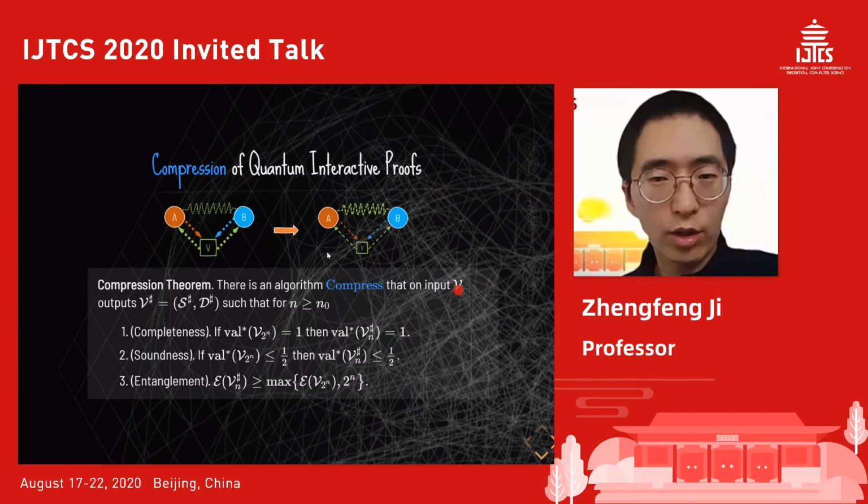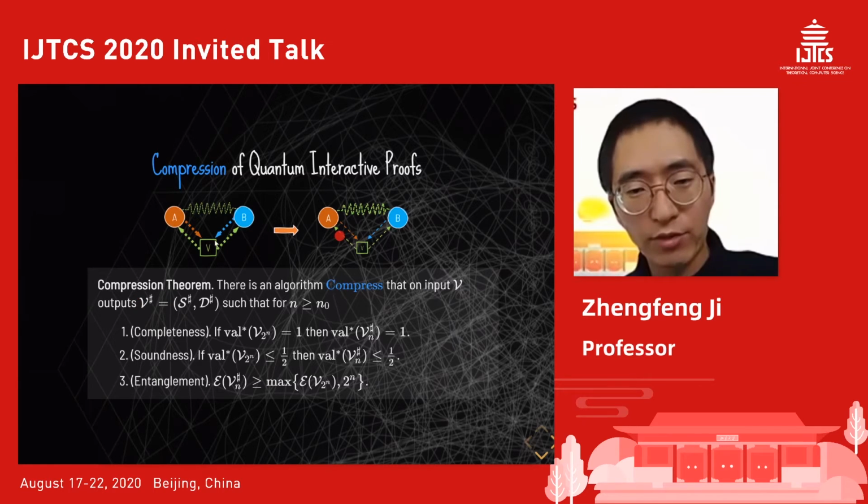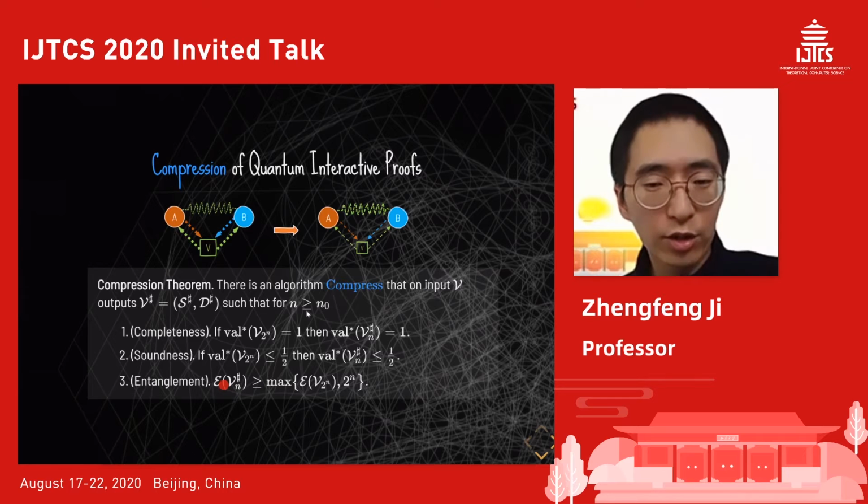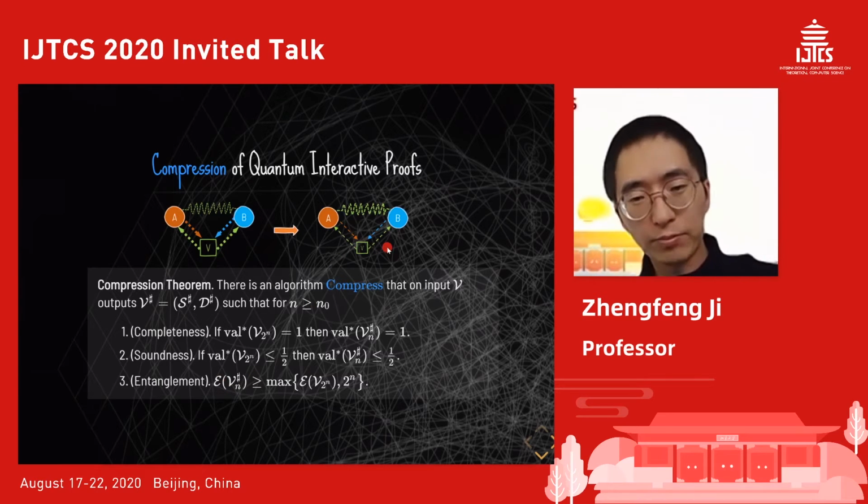We compress it and get another game, where the communications are smaller in some sense. Completeness says that if the big game has value 1, then the compressed game has value 1. Otherwise, if the big game has value at most half, then the compressed game has value at most half. And there's a condition on the number of EPR pairs, or the amount of entanglement, that we need to use in the compressed game.